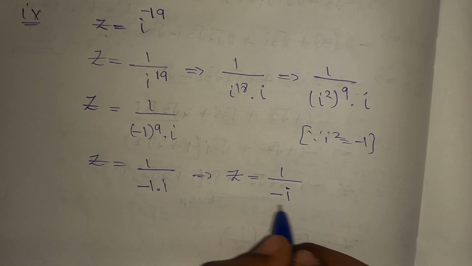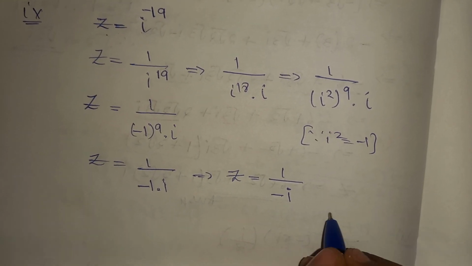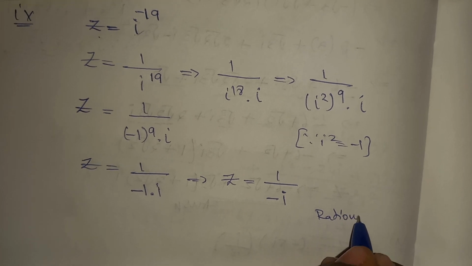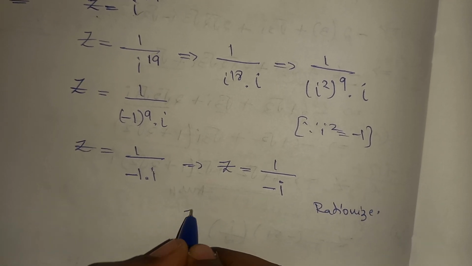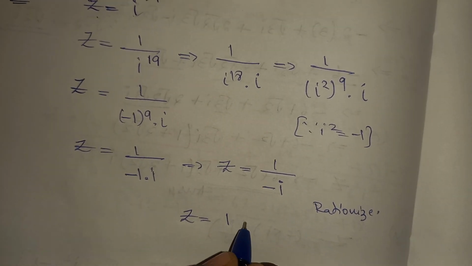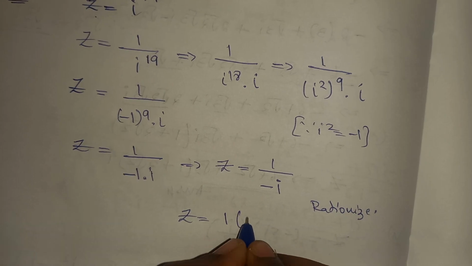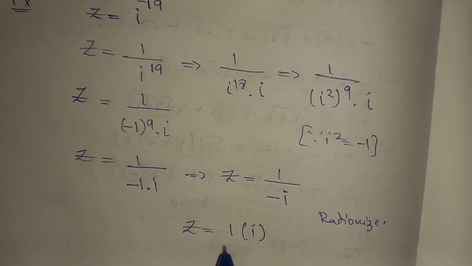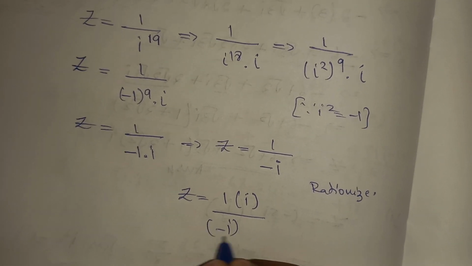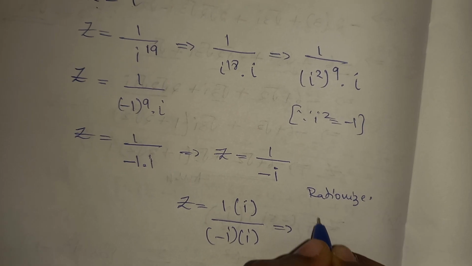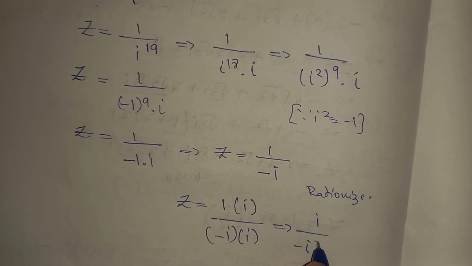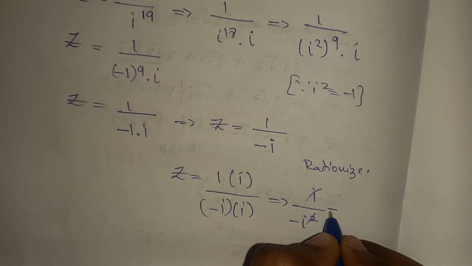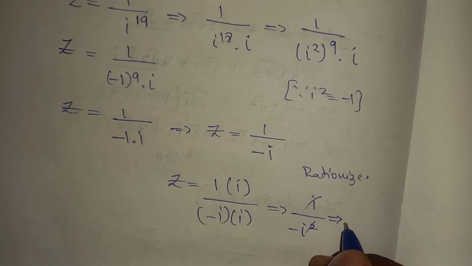Now this is nothing but a complex number in a denominator. Therefore, we will rationalize here. We get z is equals to 1 rationalized into i by minus i into i, which is equals to i by minus i square.